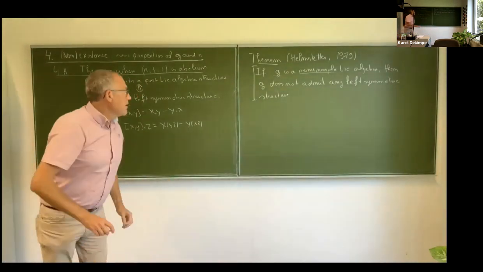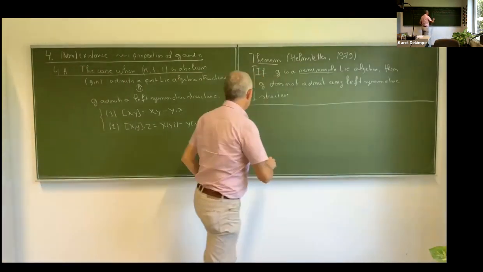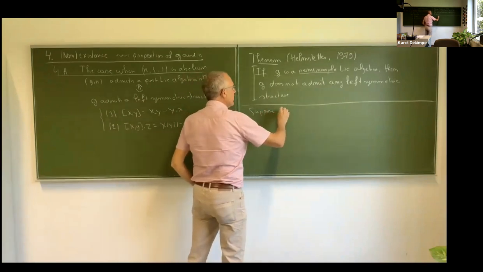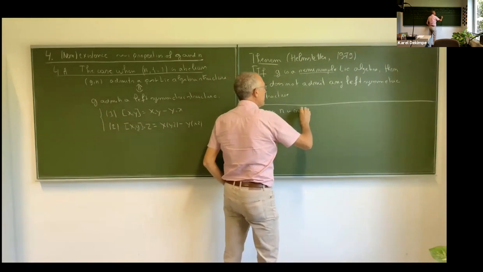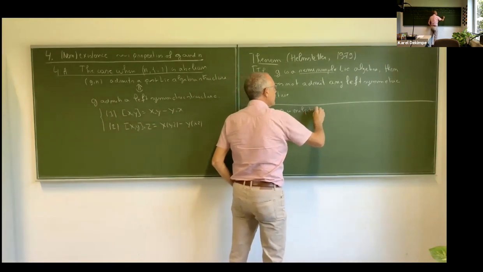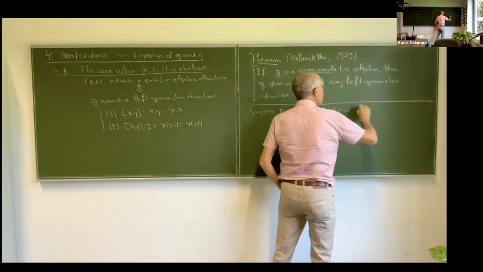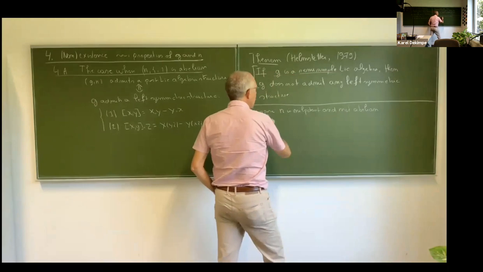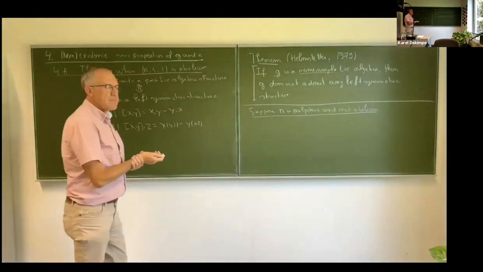Well, suppose G is nilpotent, and not abelian, so a nilpotent one which is not abelian.